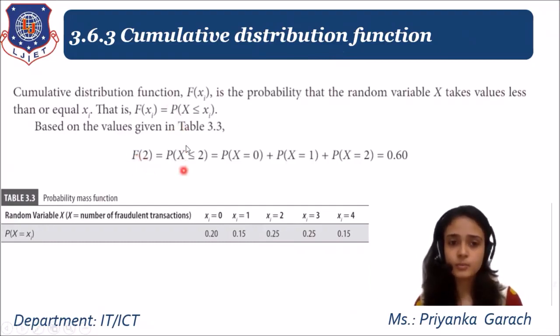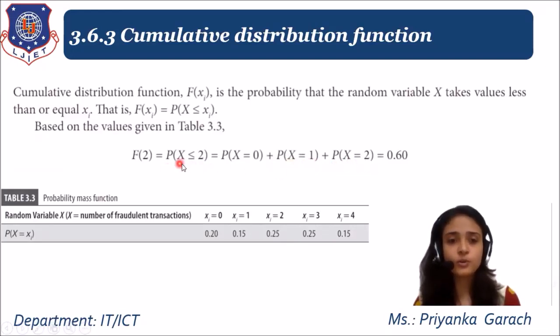That means the probability of x whose value is less than or equal to 2, and it can be written like this: the probability of x exactly equal to 0, plus the probability of x exactly equal to 1, plus the probability of x exactly equal to 2.